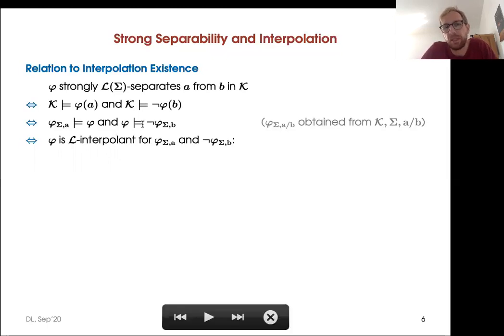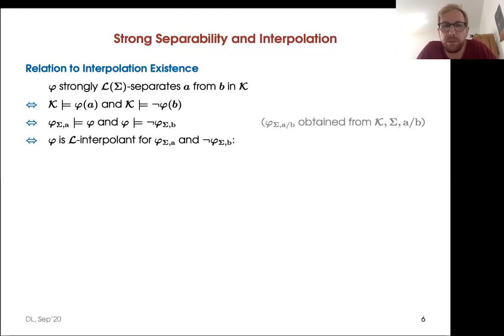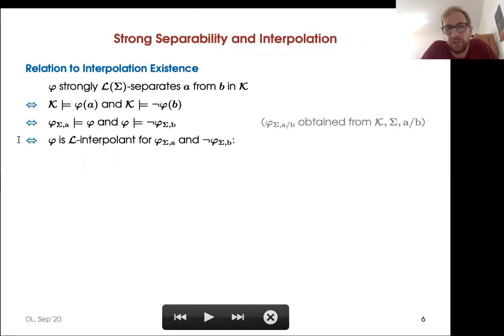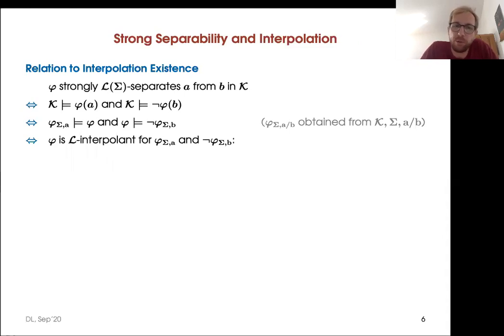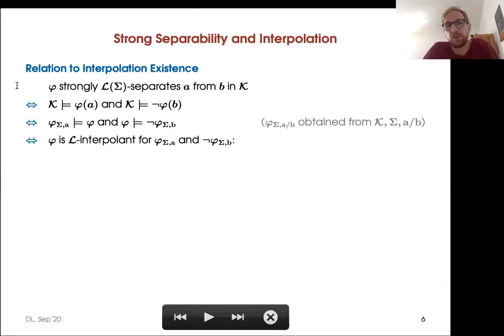And then this is equivalent to this formula. Phi sigma A implies phi and phi implies not sigma B. And this is actually just the definition of phi being an interpolant for those two formulas, phi sigma A and not phi sigma B. So actually we have given a reduction of strong separability to the existence of some interpolant.